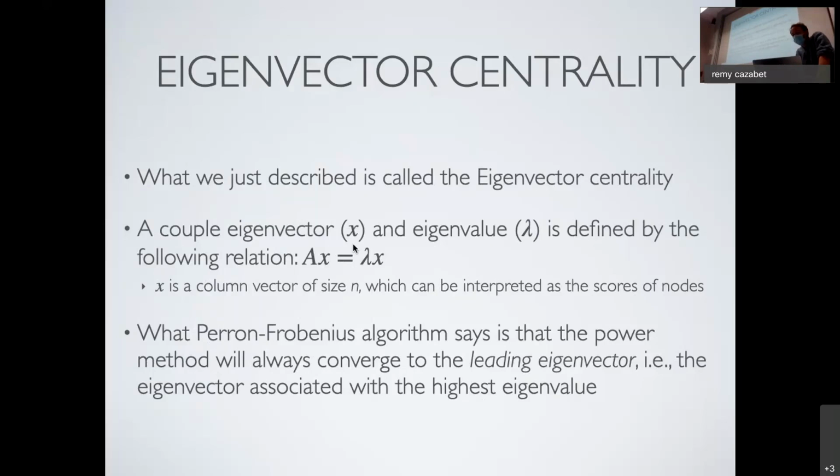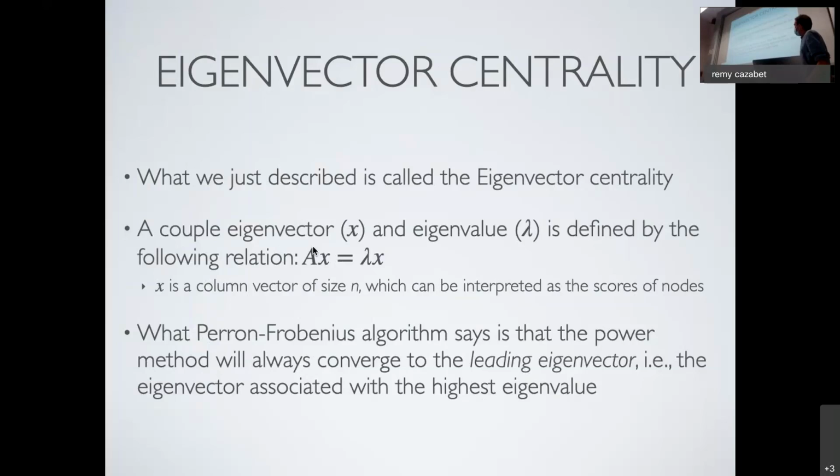And if you consider that X is actually a column vector of size n, the number of nodes, then this vector corresponds to the centralities of the nodes. The first value corresponds to the centrality of node 1, the second to the centrality of node 2, and so forth. When you do this operation, you're propagating the values to the neighbors.